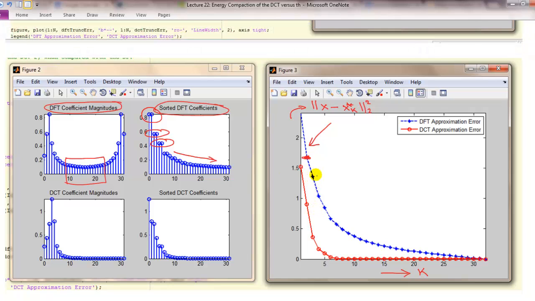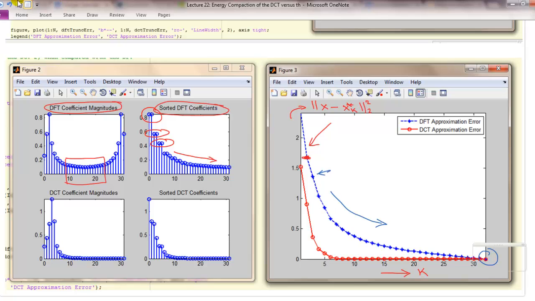So for k equals 3, I get here, I keep on going down, but I never hit 0 or even get close to 0 till I really am using almost all my coefficients. And I hit 0, of course, when I use all of my coefficients. Right? So this shows that the discrete Fourier transform is doing a really bad job of capturing energy in your signal in a few coefficients.